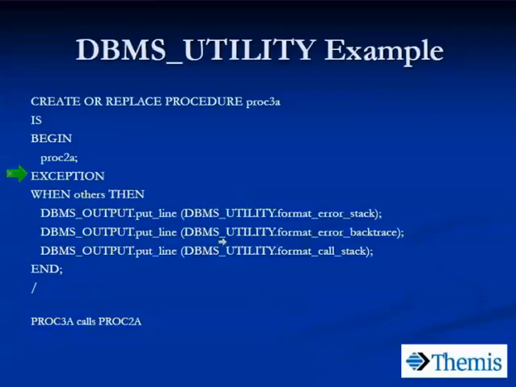But down here in your exception section, you're going to be handling any exceptions, both user-defined and also predefined, that may come up. And so you're going to have very specific exception handling going on there, but then you're probably going to end it with a when others at the bottom of your exception section. So it's always kind of good down in your when others to maybe include a call to all 3 of these, and I like to do all 3 of those in my when others at the bottom.